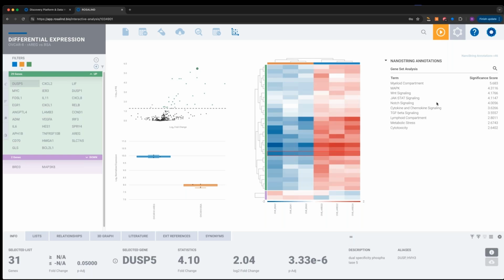So what Rosalind brings is all of our knowledge and intelligence capabilities. We have a big knowledge base that sits in the back end of Rosalind, which I'll show you in a few minutes here. And then we have a lot of intelligence capabilities. Our approach to get you the maximum amount of information out of your targeted NanoString panel is to bring in thousands of additional terms from pathways and signatures related to drugs and diseases and virology and ontologies.